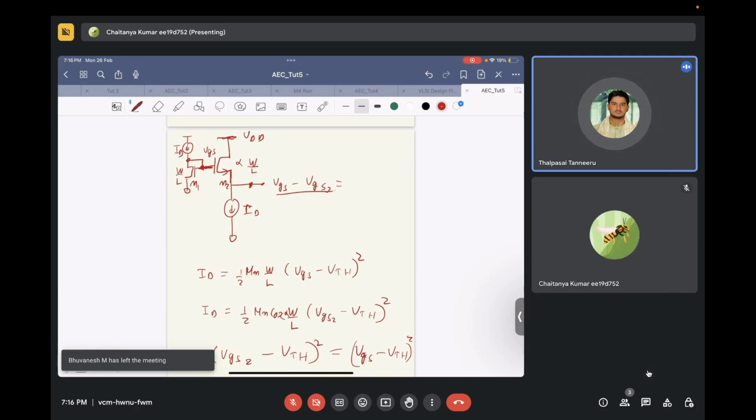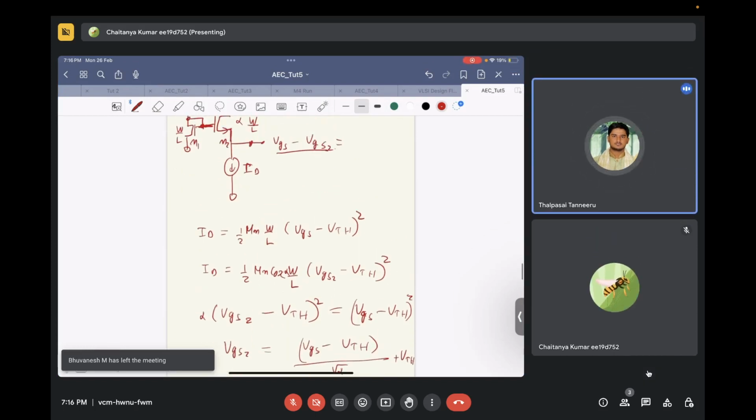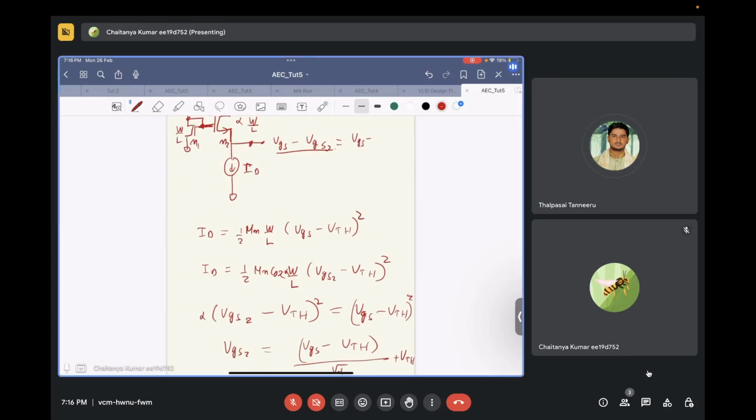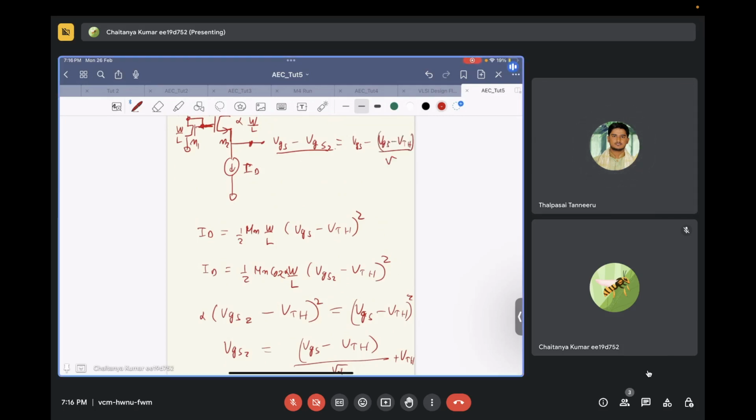It is VGS minus VTH by root 2 plus VTH, minus VTH by square root alpha plus VTH, minus VTH.